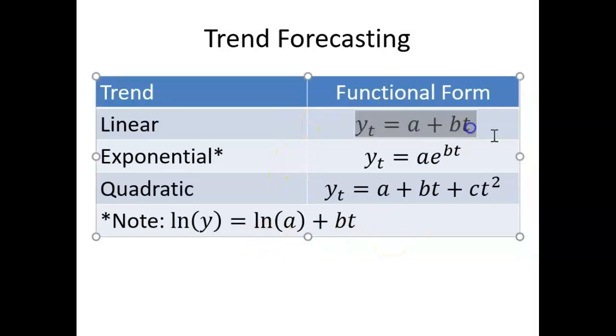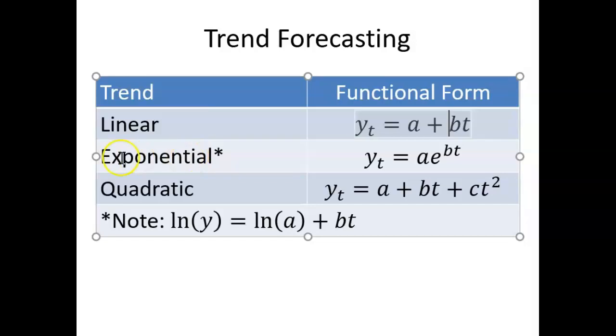There's a linear model, where this is a regression model where A and B are estimated regression coefficients. T is the time trend, and Y sub t is the level of the time series variable.